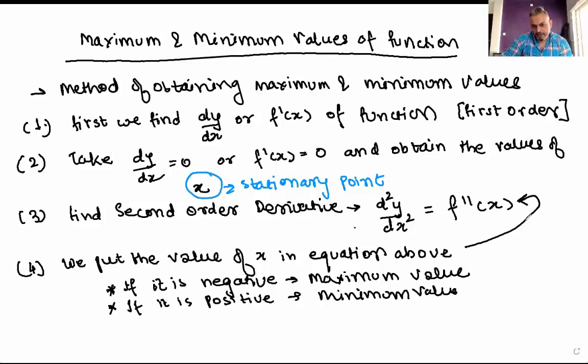Now this value of x you have to put in this second order derivative equation, and if you get a negative number, then for that value of x you will get the maximum value of the function. If you get a positive number then it will be minimum. Now here it is a little reverse, so pay attention: negative is maximum and positive is minimum. This is what you have to remember. So this is really important.